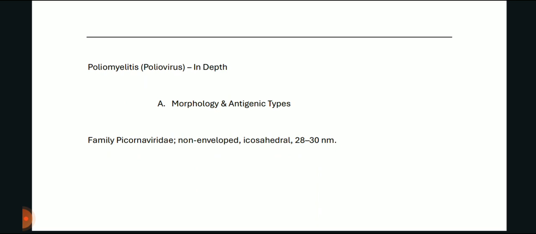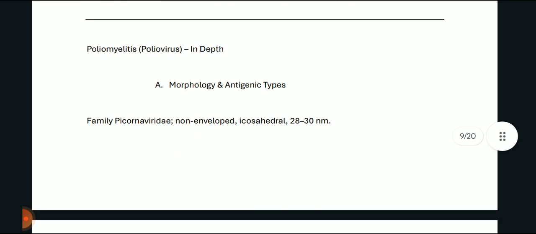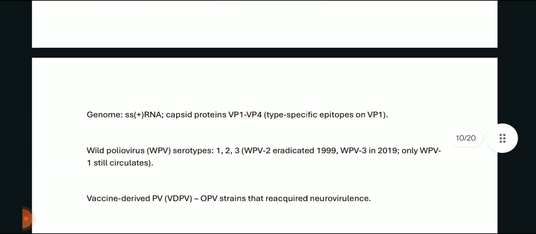Now coming on to poliomyelitis, which is caused by polioviruses. So first up is the morphology and the antigenic types of the virus. This also belongs to family Picornaviridae. It is non-enveloped, icosahedral, 28 to 30 nanometers in size. The genome is single-stranded RNA. Capsid contains proteins VP1 to VP4, with type-specific epitopes on VP1.